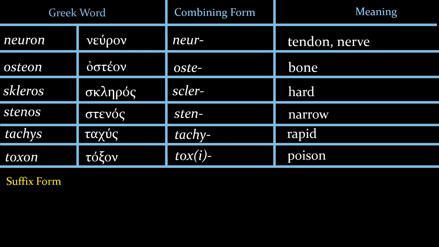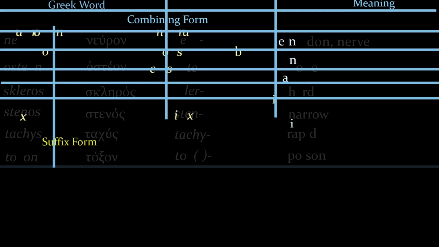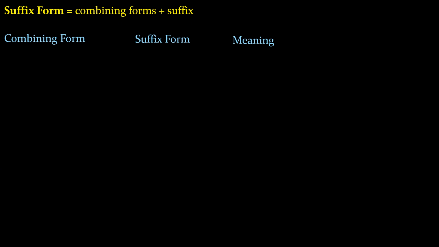All right, now let's move on to the other thing I wanted to discuss today, the suffix form. Now, the suffix form is nothing more than the combining forms, which we've been looking at, and the suffixes that we looked at a few episodes ago.